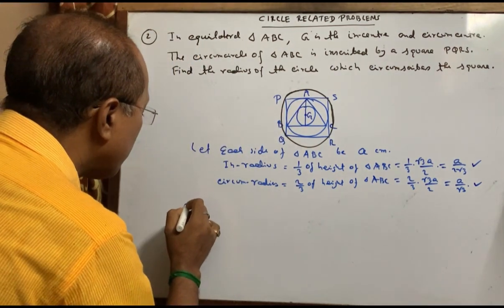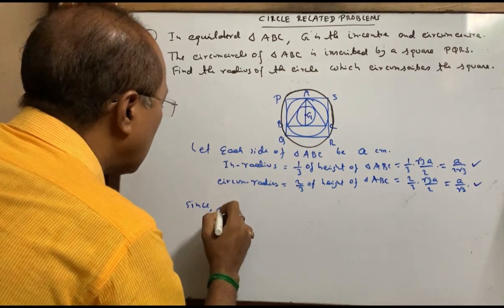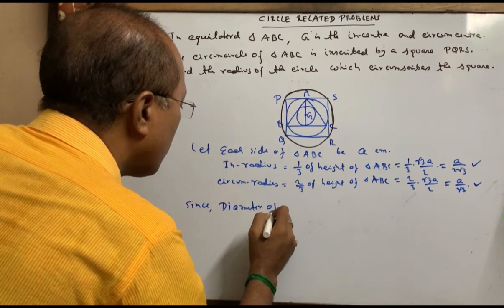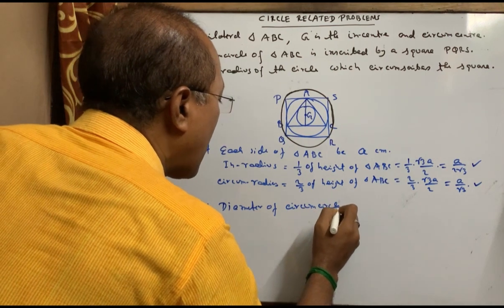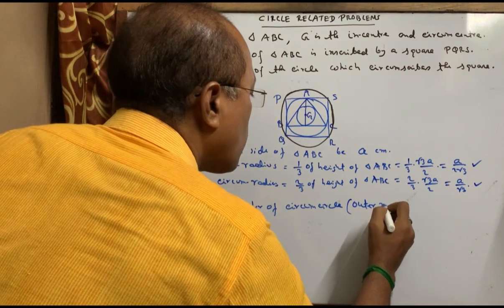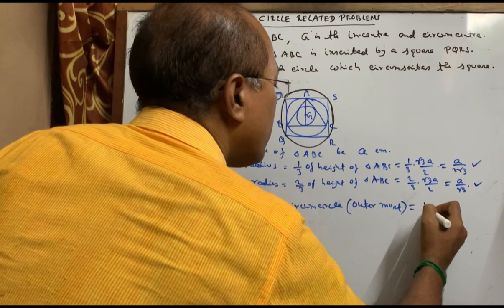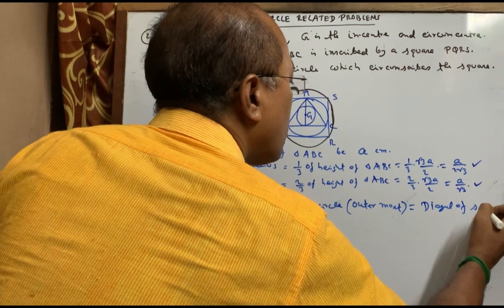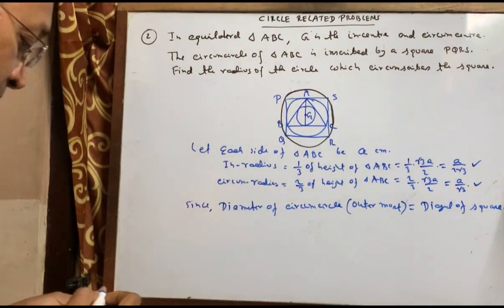We can write, since diameter of circumcircle, here it is outermost, is equal to diagonal of square PQRS. Okay.